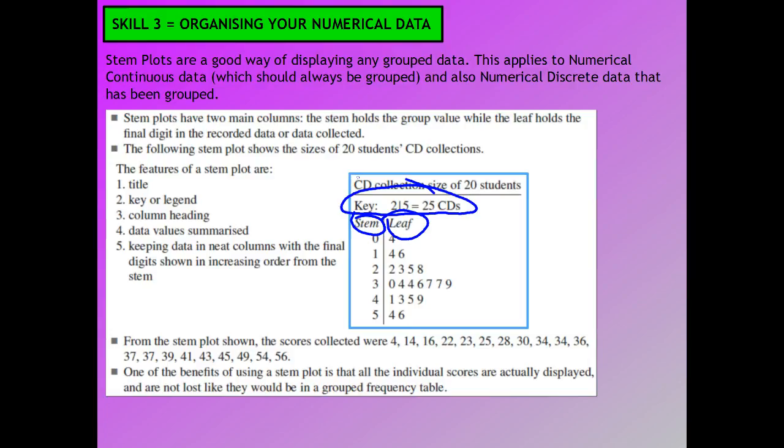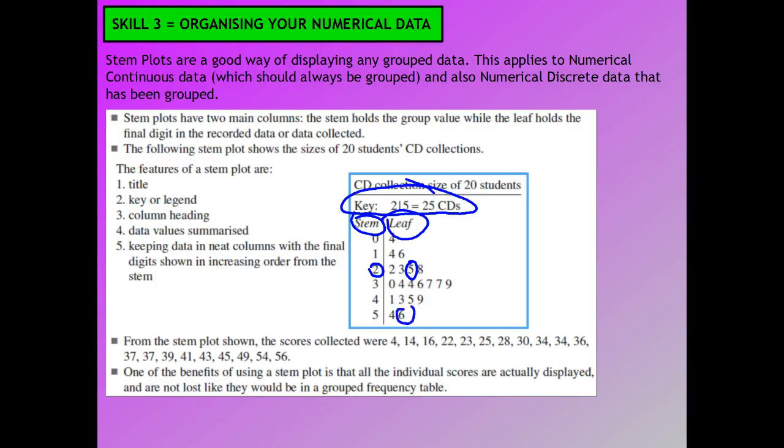The key tells you that 2-5 equals 25 CDs. So that student must have 25 CDs, if they've got a 2, then the line, and then the 5. That stands for 25. So what all of these numbers are, this person has 4, then these are the 10s, so 14 and 16, then the 20s, 22, 23, 25, 28, the 30s, the 40s, and the 50s.